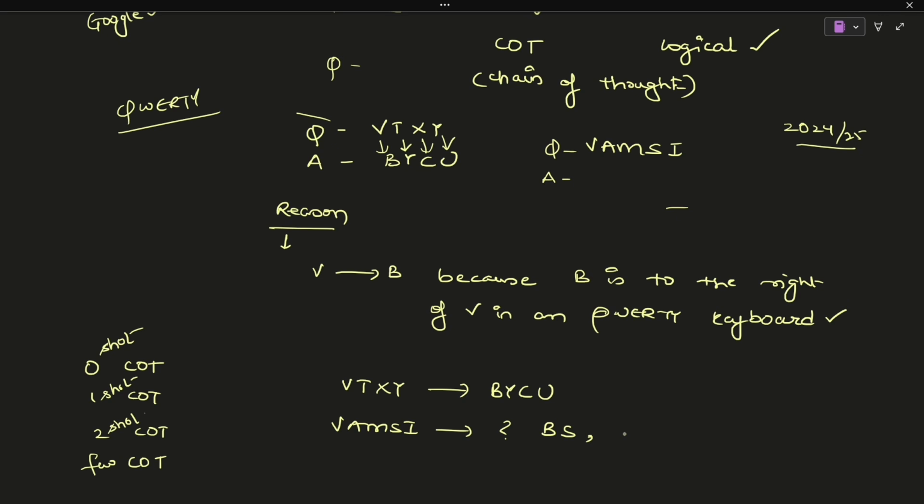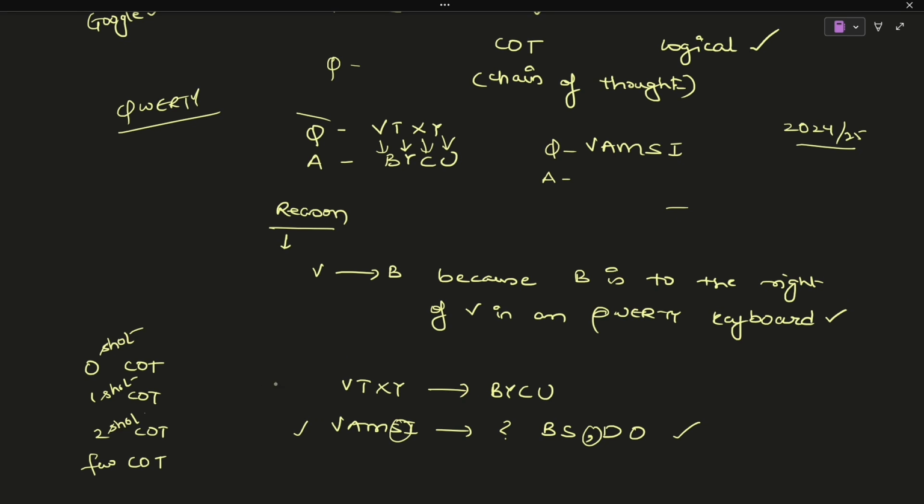For S you have comma, then for I you have D, sorry, for M you have comma, for S you have D, for I you have O, right? So BS comma DO. Now there is a character involved, right? What if your LLM is not able to figure that out? So you explain this also.